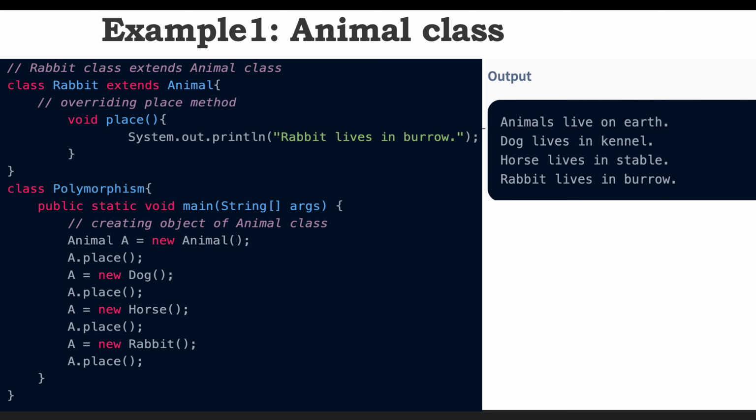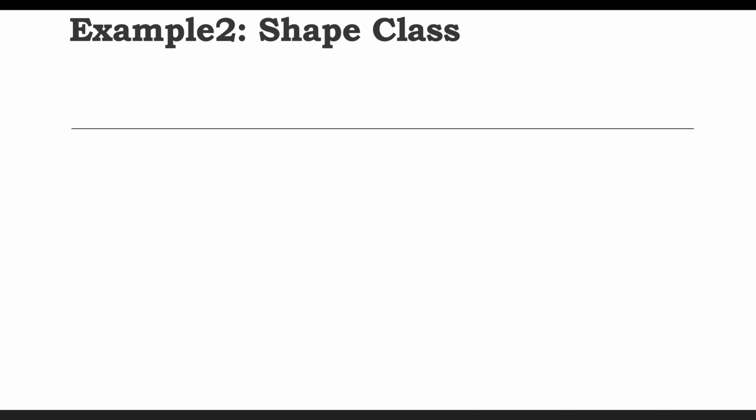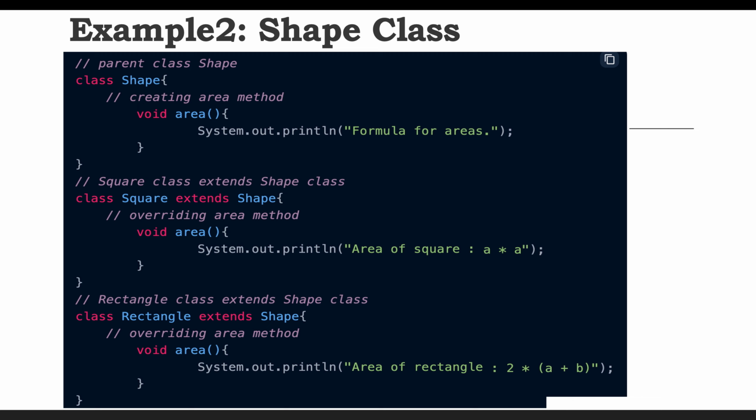So this is one of the examples. Let's see another example similar to the animal one. Let's say we have a Shape class. This class will behave like a parent class because it is not extending anything. Let's say it has one area method, void area, with some implementation. Let's say we have another class, Square, and it is extending the Shape class.